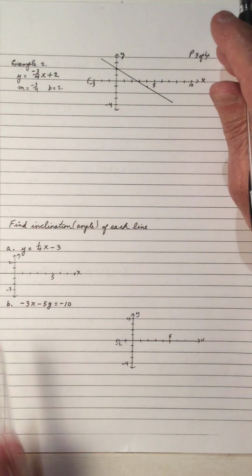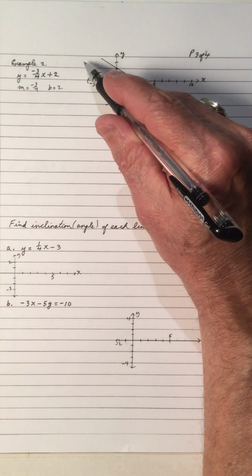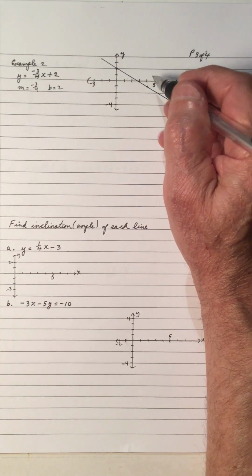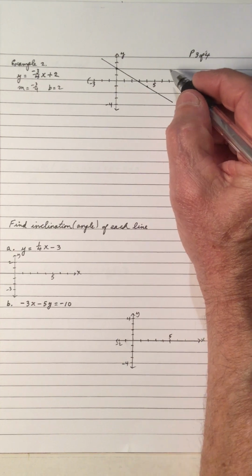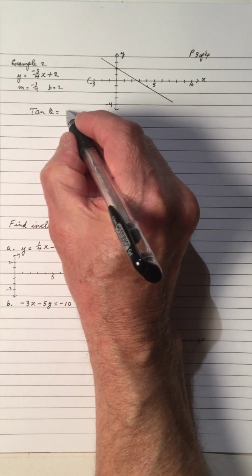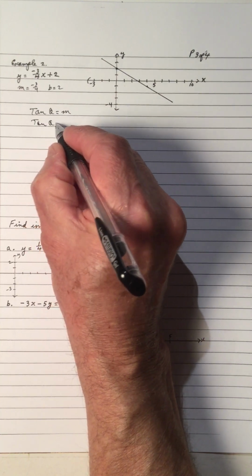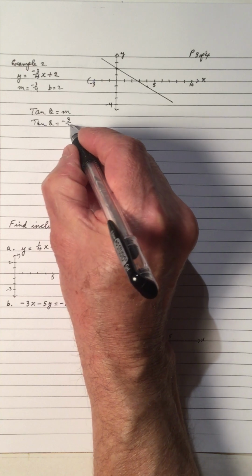Notice that line goes up to the left, so it's got a negative slope. That means that the tan of theta is equal to the slope. So the tan of theta is equal to negative 3/4.